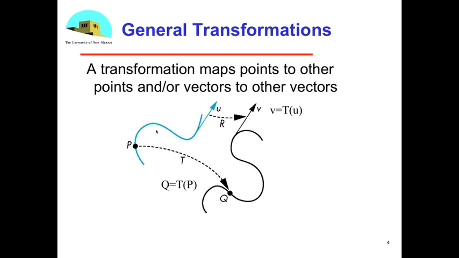Now, what we don't like about this general transformation is that if I want to transform the blue curve into the black curve, and the transformation is really complicated and nonlinear, I would have to transform every point along here, or at least a lot of points, and connect them with short line segments.